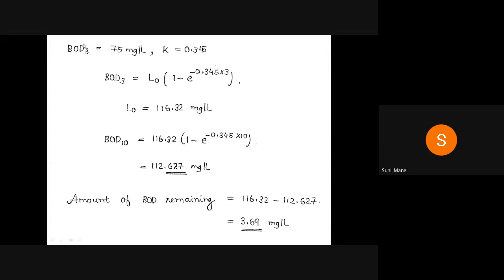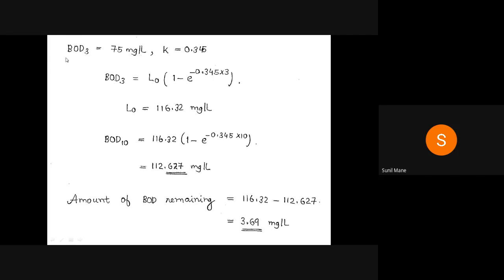If it is not mentioned, it has been carried out at 20 degrees Celsius. So right now, the wastewater is incubated at 20 degrees Celsius for 3 days. Got it? So this result we have got as 75 milligram per liter.